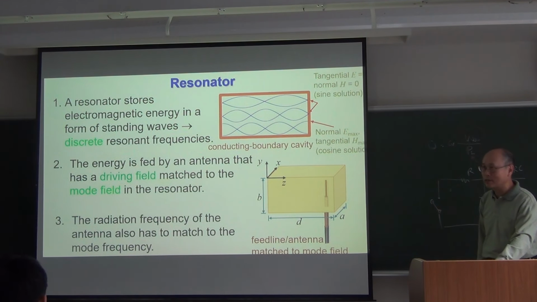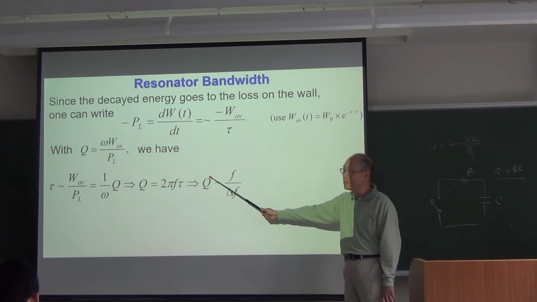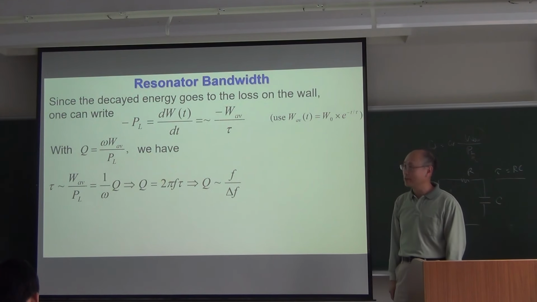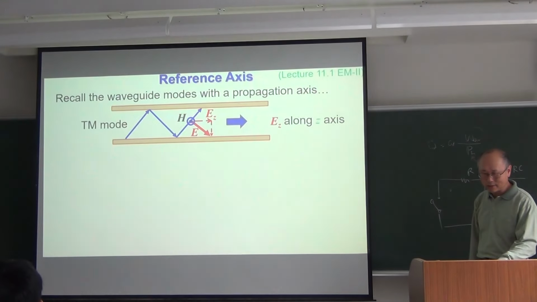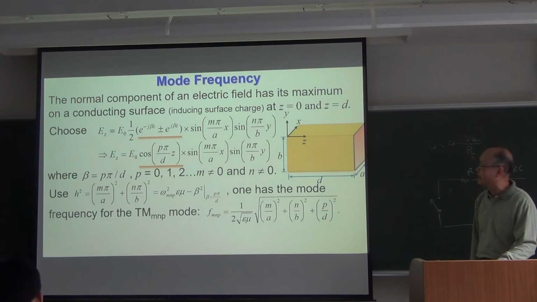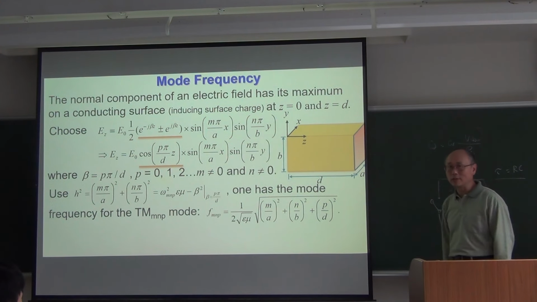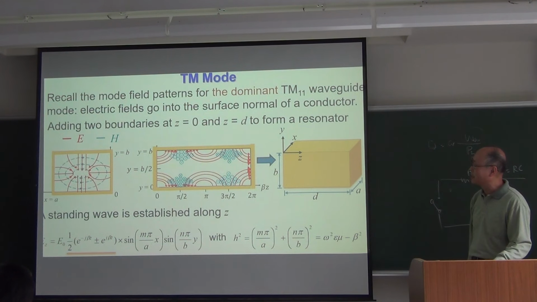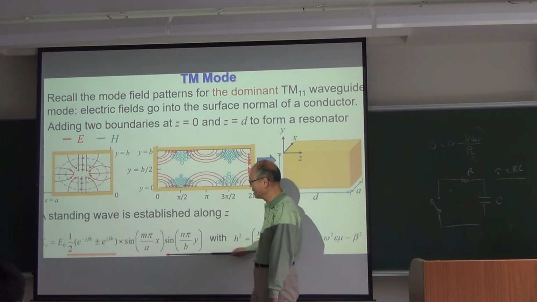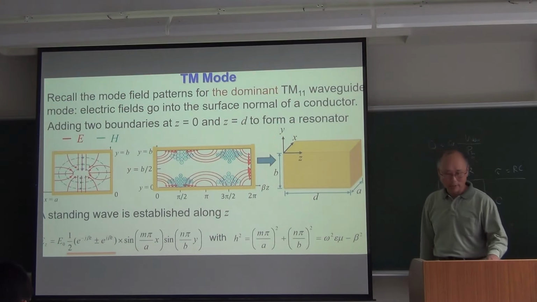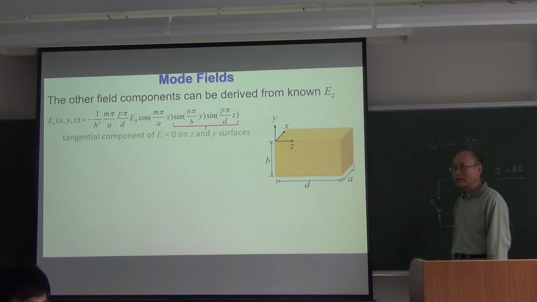And then the excitation requires a certain frequency that is relevant to the capital Q. So this Q defines the bandwidth of the resonator, and also the decay time, everything about the quality of the resonator. Then next, we write down the actual fields. Those methods are not just mathematical calculations, but use the physical boundary conditions we know, so it is quite fast. After drawing the boundaries, you have the standing wave in its own direction, think about the boundary conditions, and you can quickly write down what you want. Alright, so this is pretty much what I want to tell you about an electromagnetic resonator.